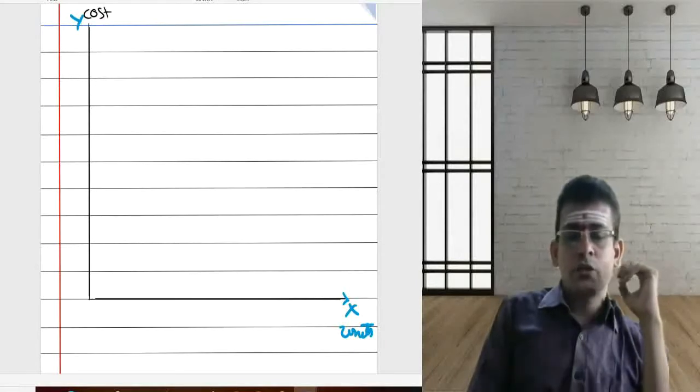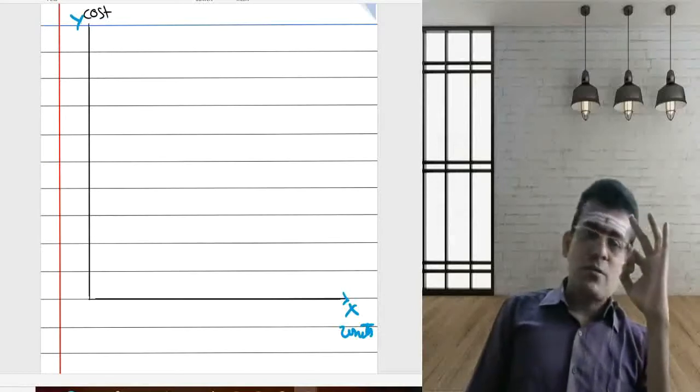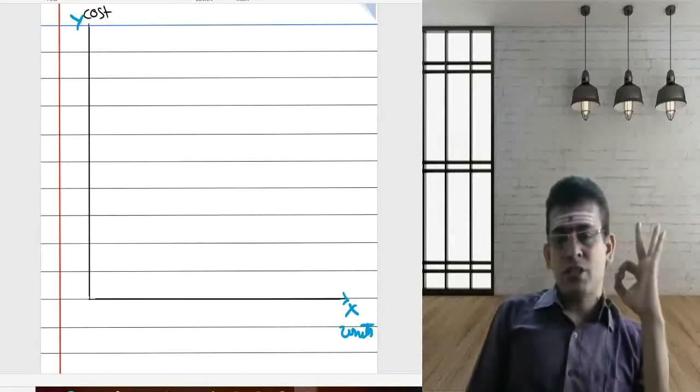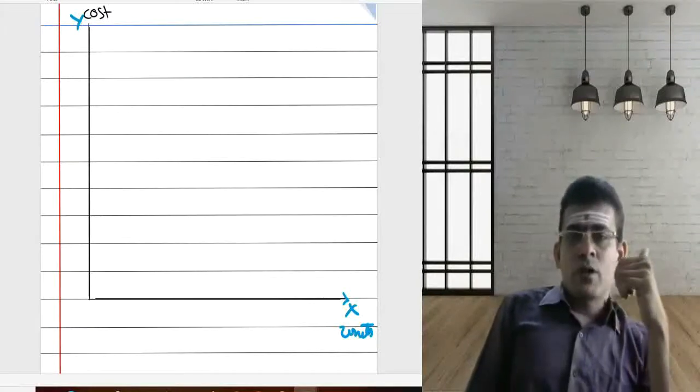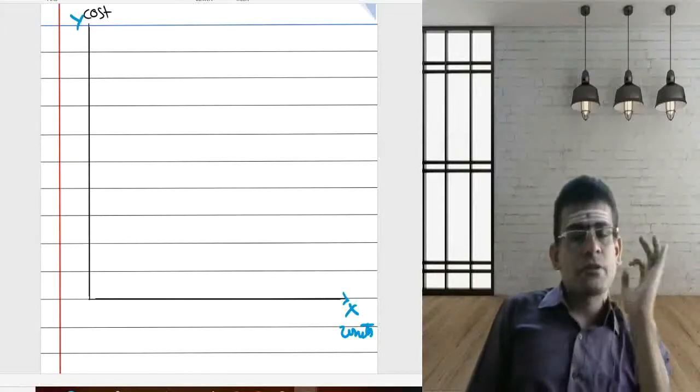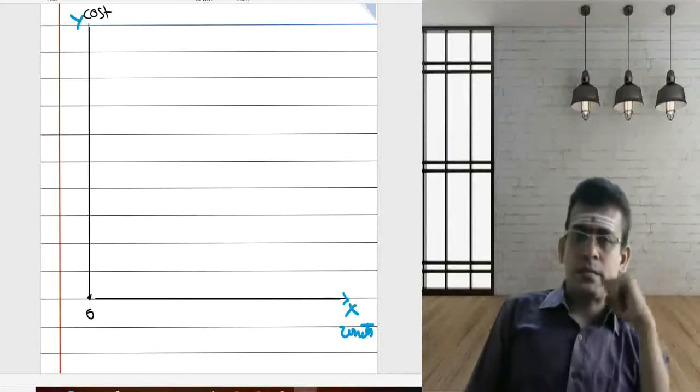That's the fundamental convention we have to consider. Now, what is the meaning of fixed cost? Fixed cost means it is constant in total. Even if I produce 0 units, my cost remains the same.